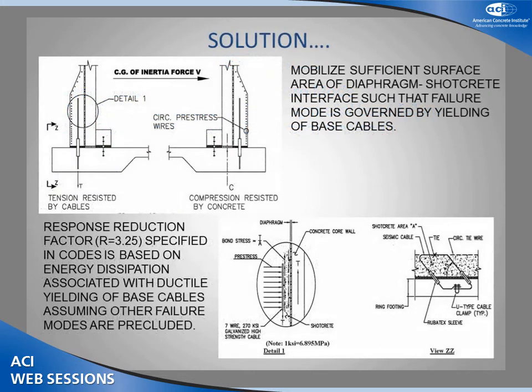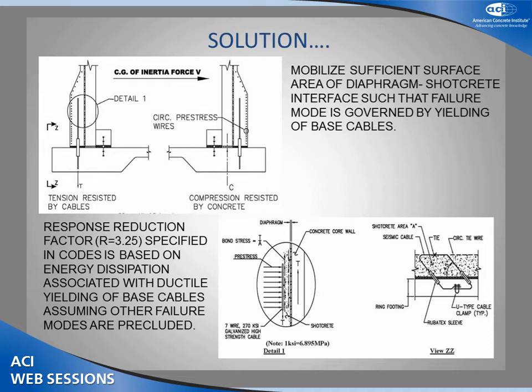The design approach that we have practiced is to mobilize sufficient surface area of the shotcrete diaphragm interface such that the failure mode is governed by yielding of the base cable. That is, if you look at this system here, when you have tension here, what you want to do is have a loop like this that is going to mobilize the strength of the shotcrete diaphragm interface in this area.